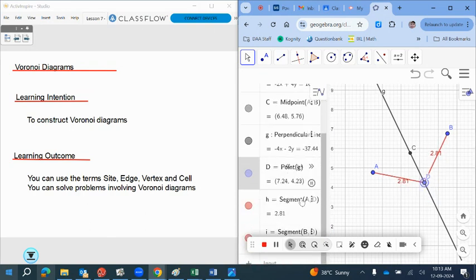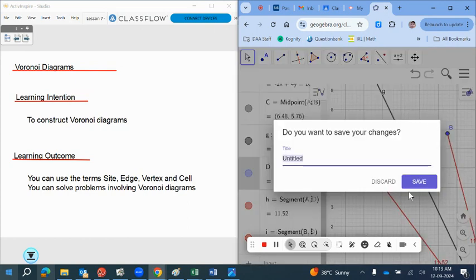So any of the points on this line are going to have the same distance from A and B to that particular point on the line. So this is the concept of a perpendicular bisector, and one of the most useful things about it is this equidistance. So we're going to use this idea to create a Voronoi diagram.